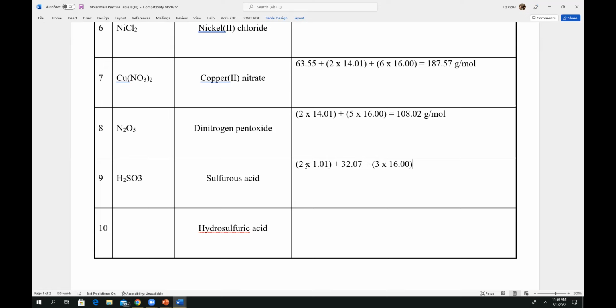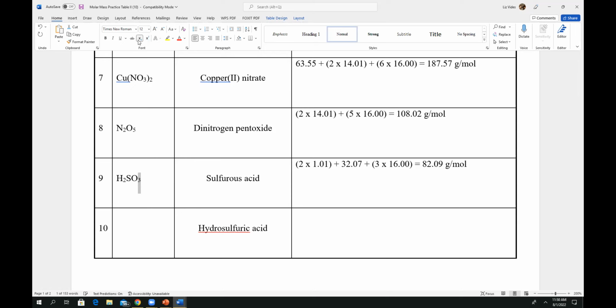All right, and that is a total of 2.02 plus 32.07 plus 3 times 16. 82.09 grams per mole.